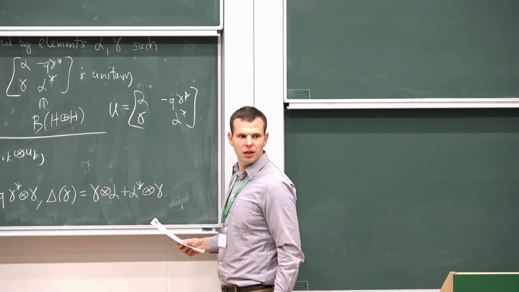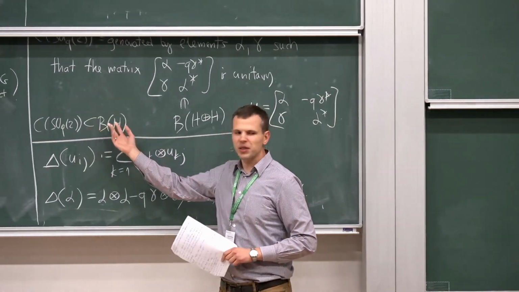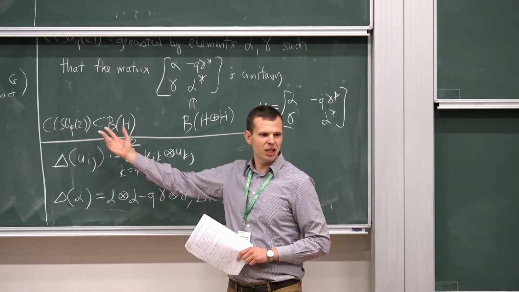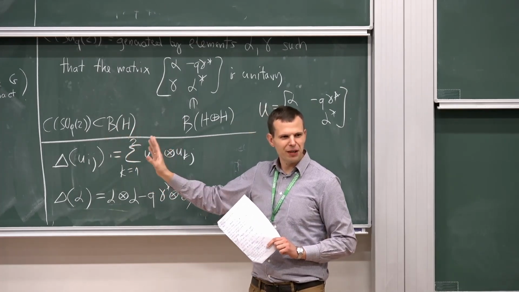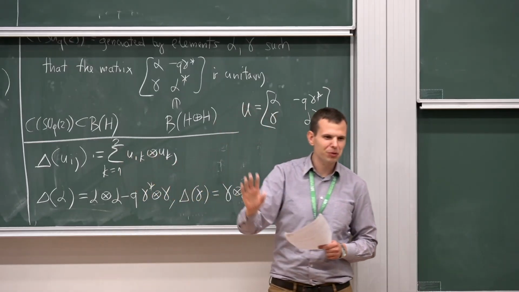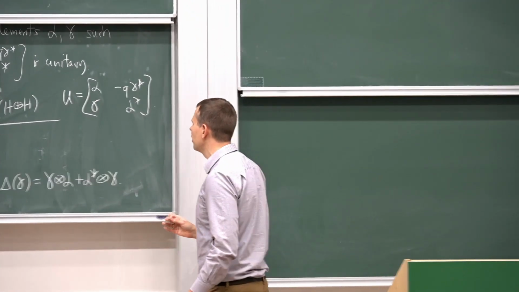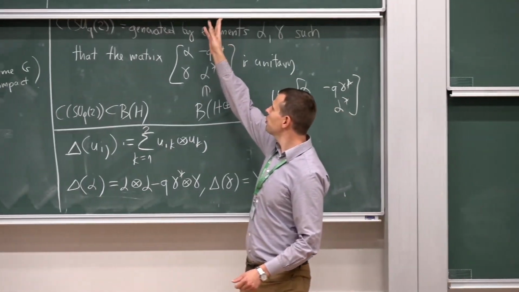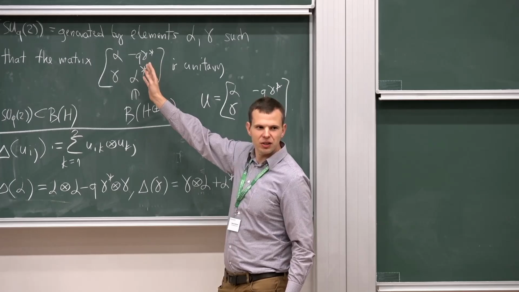What is this H you're appealing to? H here is some faithful representation of your C-star algebra. I will now give an example of H, actually. That is a very good comment, because it leads to a natural question. You consider a C-star algebra generated by some elements satisfying some relations.